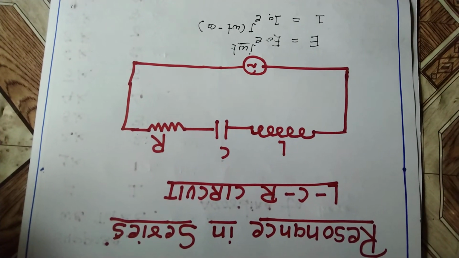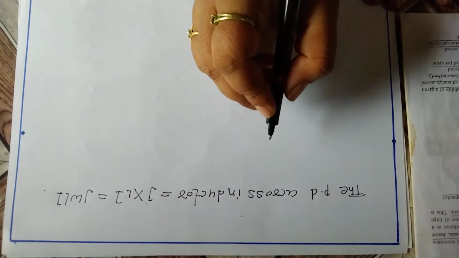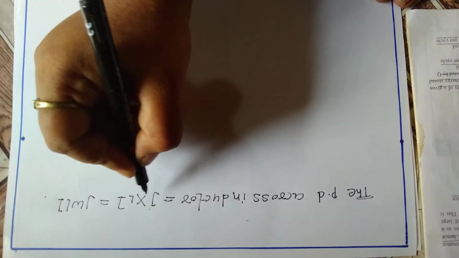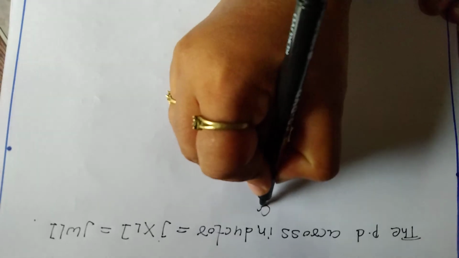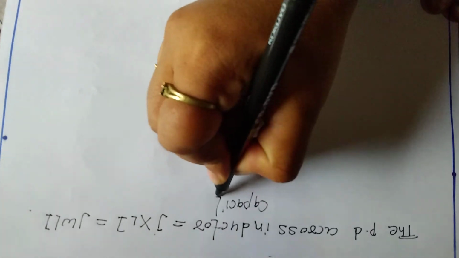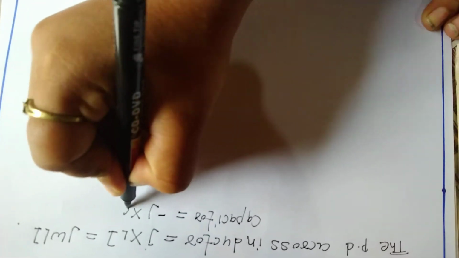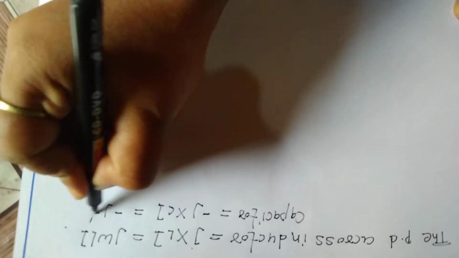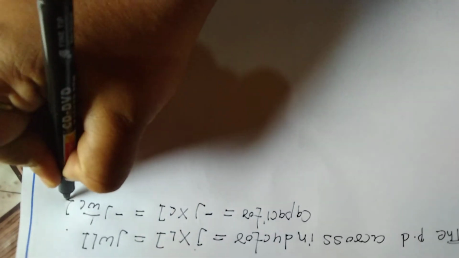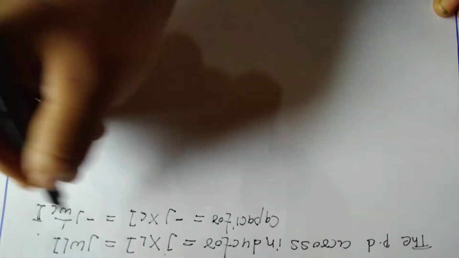Let us see the potential difference across the inductor, which is jXL I, equal to j omega L I, and the potential difference across the capacitor, which is equal to minus jXC I, equal to minus j 1 by omega C I. This minus will get cancelled.